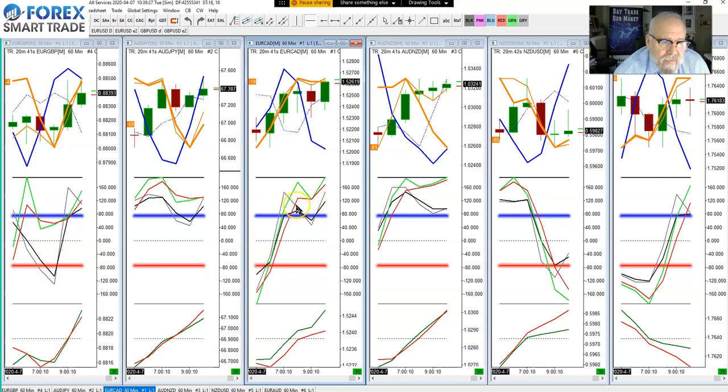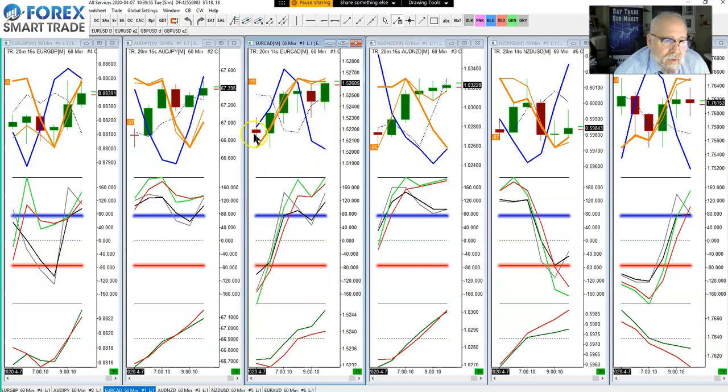Now, when it's overbought, that doesn't mean you can't make some money, because you can see it was overbought, well, here, and there was still some up movement to it. So there was another. You could have made 27 pips even when it was overbought. But why take the chance?